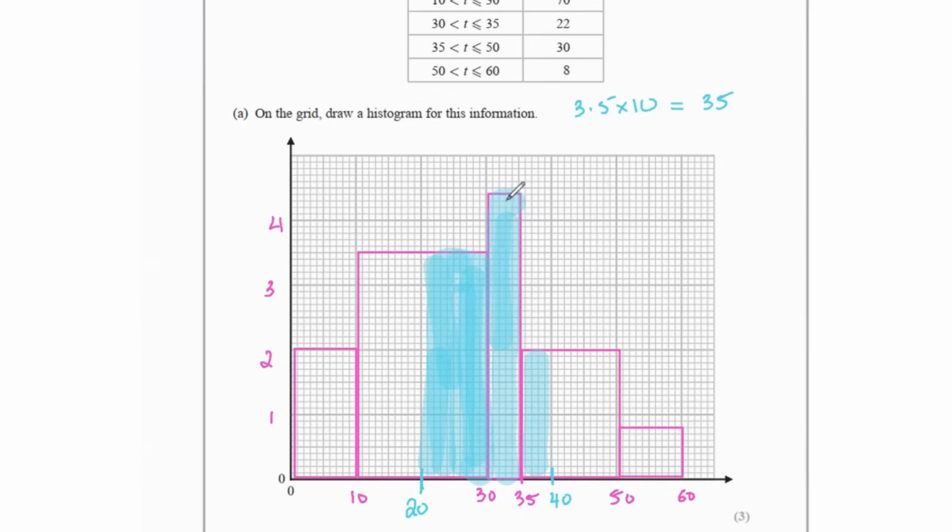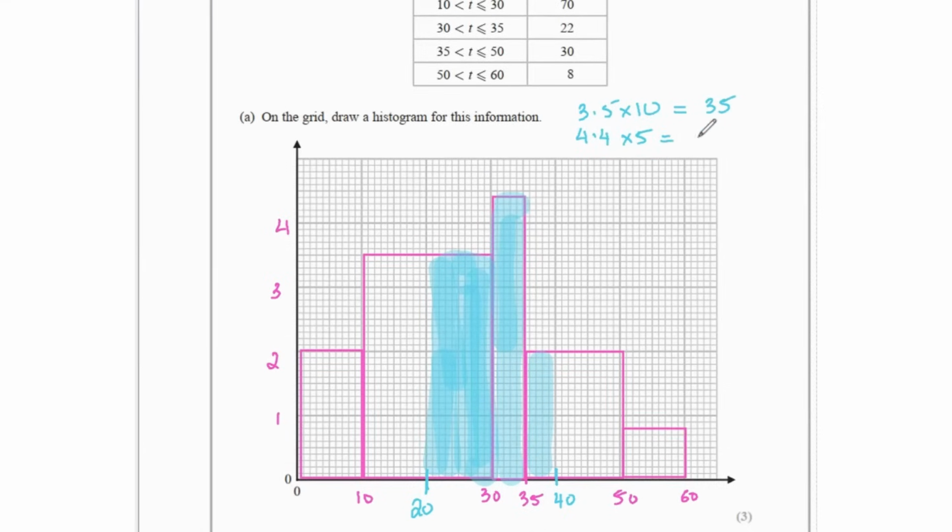Then this was 4.4. So 4.4 times 5, that's going to give us 22. And then this is 2 again. So 2 times 5, that is 10. So if we add this up, 22 plus 35 plus 10, that gives us 67.